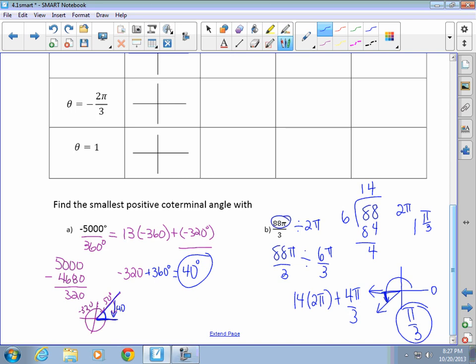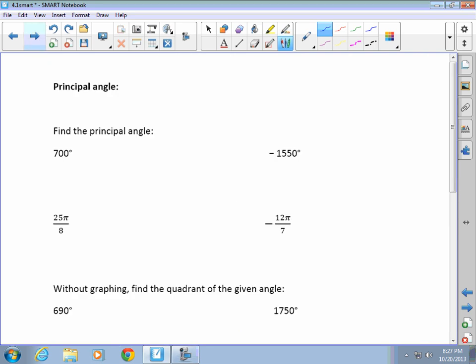Okay, next example. Principal angle. Your principal angle is kind of the most important angle that we're looking at.